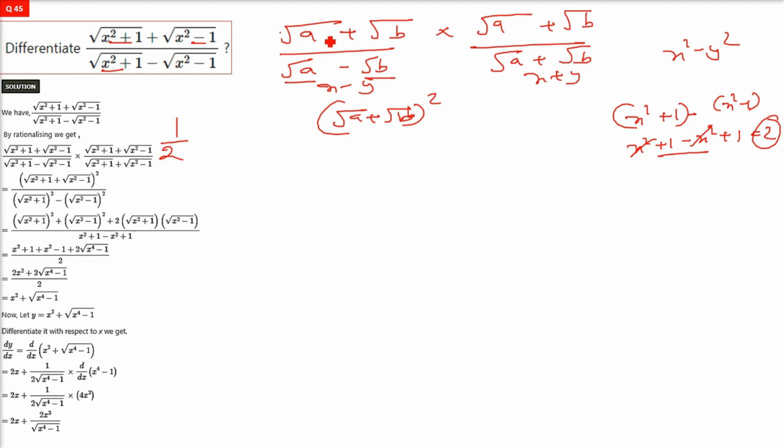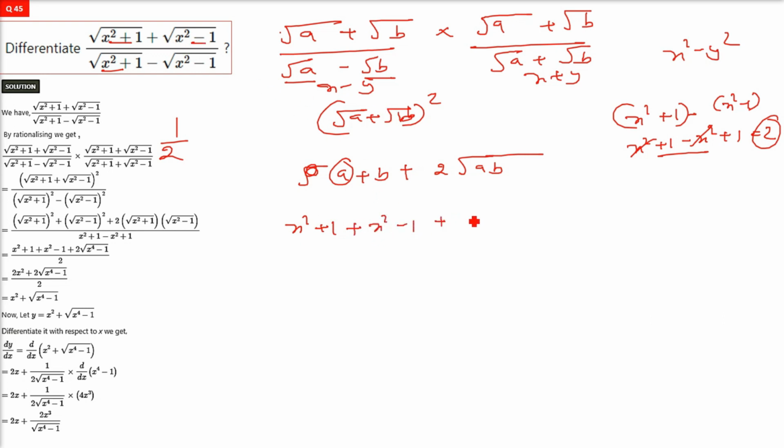And now coming to the numerator, it is simply under root a plus under root b whole square. So under root a whole square will be only a, under root b square will be only b, plus 2 into under root a into under root b, which will be eventually 2 into under root ab, twice of under root ab. So this is a, which is actually x square plus 1. B we assume to be x square minus 1.